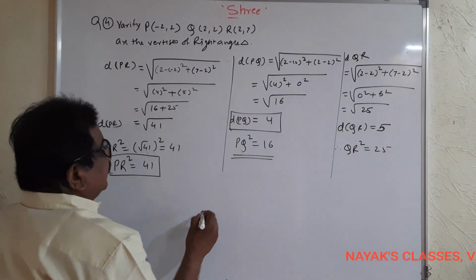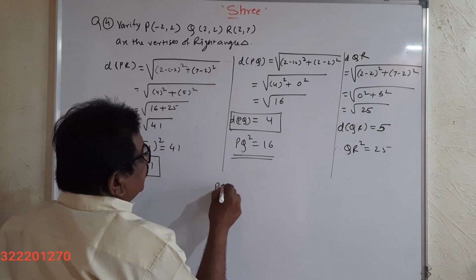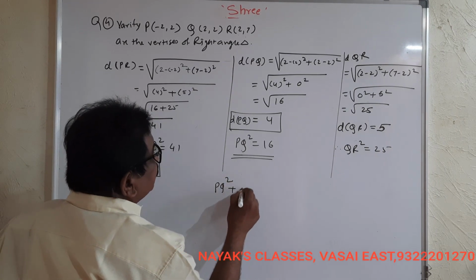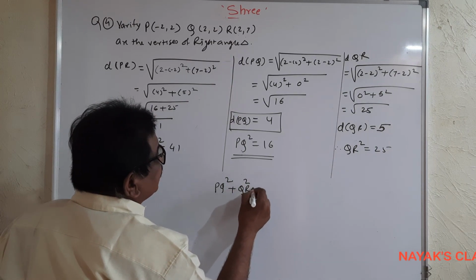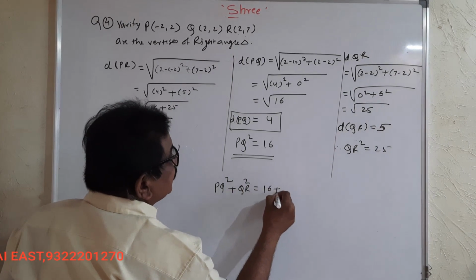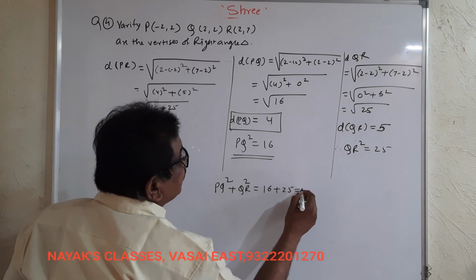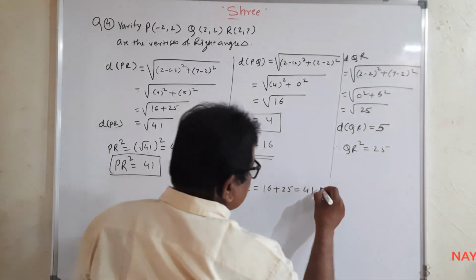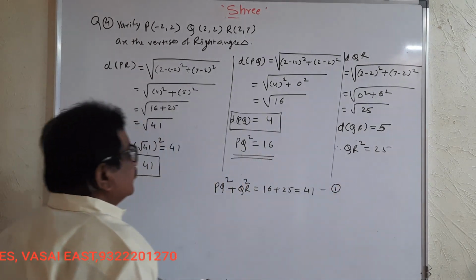Finally, PQ square plus QR square is equal to 16 plus 25, which is equal to 41. This is statement number 1.